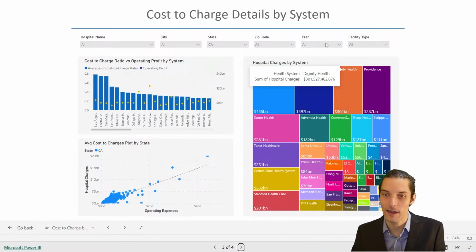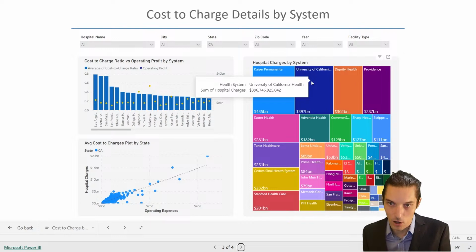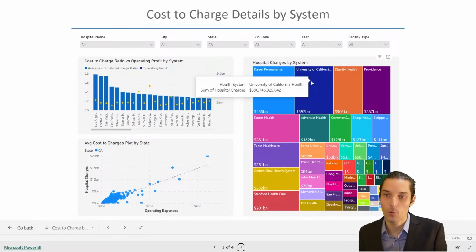And so if you say, okay, well, University of California, the hospital that we want to use is really local and they're very, very good, and so we will then use the insurance company that uses University of California Health, and this is their cost to charge ratio.